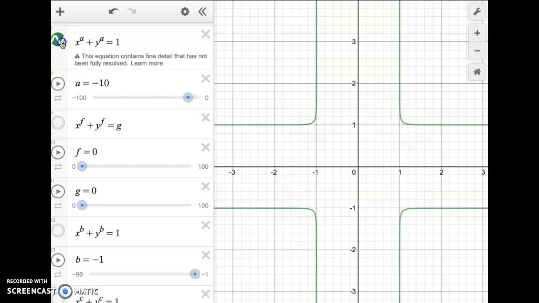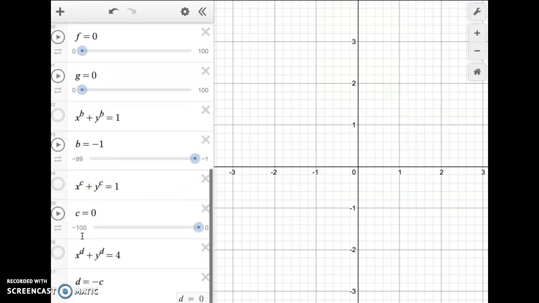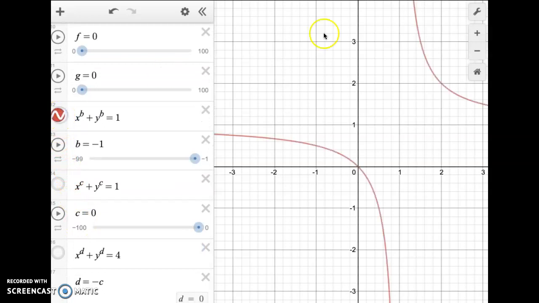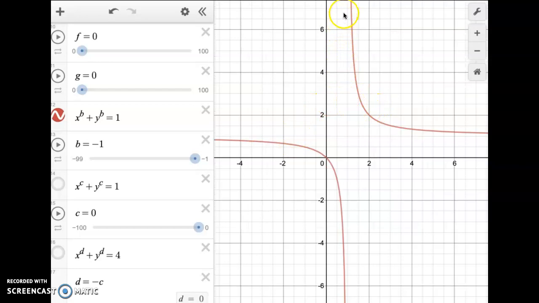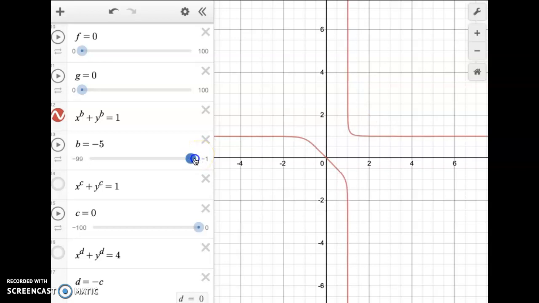So let's see if the same thing happens for our odd exponents. Now just looking here, we see that our odd exponents have these curves going on that seem to try to approach each other, but there's still space and they don't touch each other. So let's see what happens when we get further and further from 0.